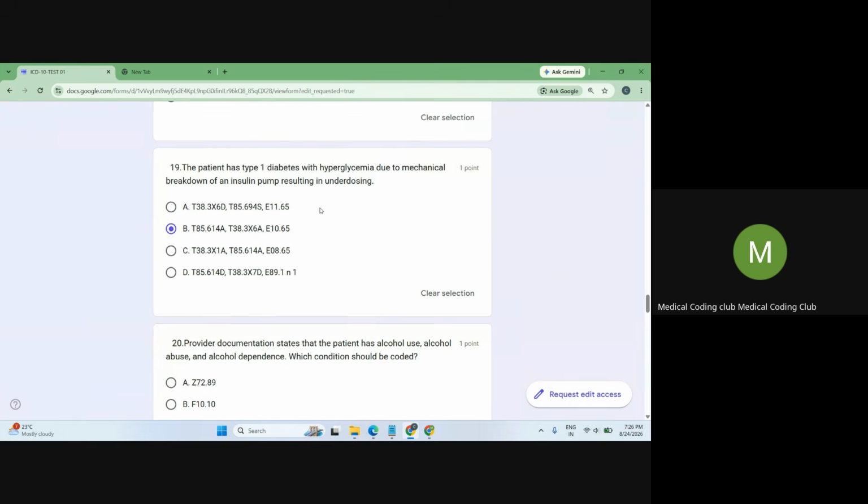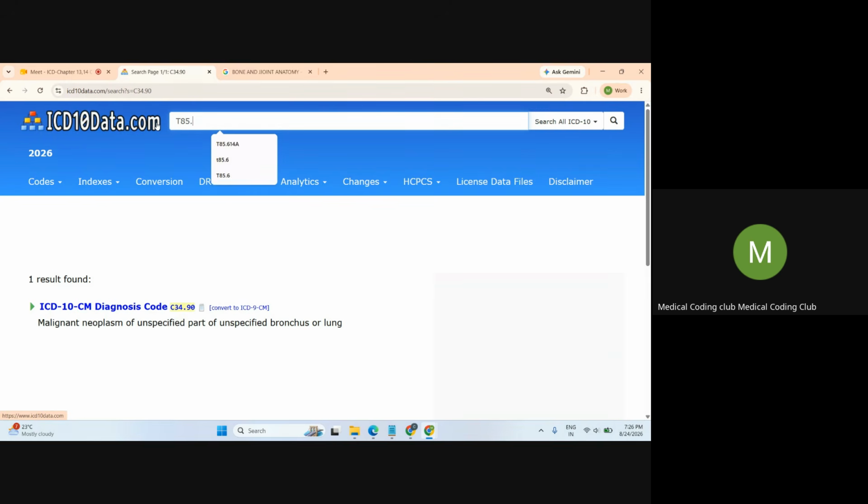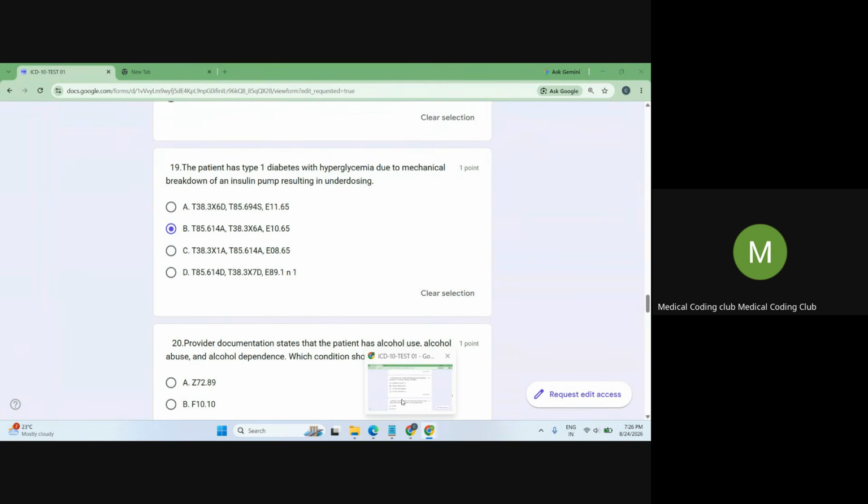Now just look for the mechanical complication code T85 3X. Not T85, no, T38, sorry.